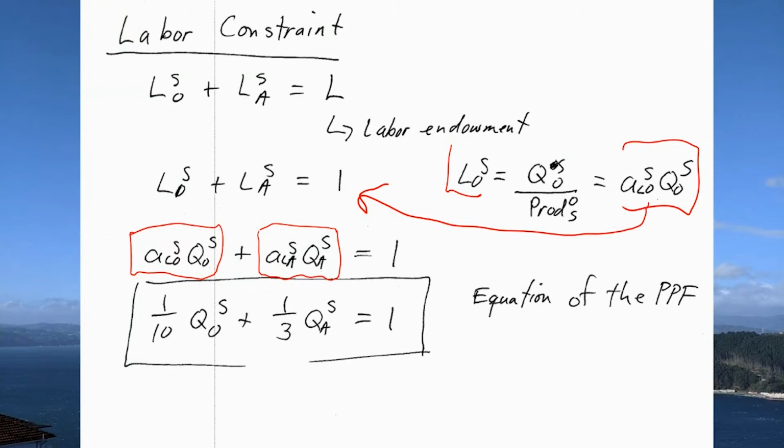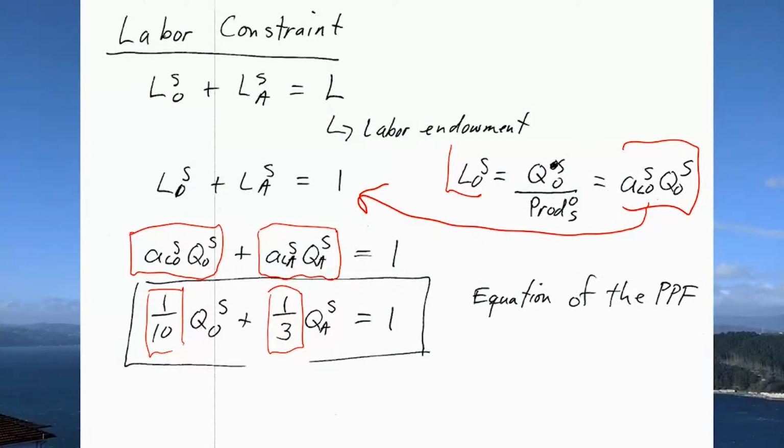Now, one last step, given the numerical values that we plugged in for Smith's labor productivity for oranges and apples, we can then derive the unit labor requirements for Smith in oranges, which is 1/10. We can derive the unit labor requirement for Smith in apples, which is going to be 1/3. We can multiply them by the quantities, and by doing so, we get the equation of the production possibility frontier.